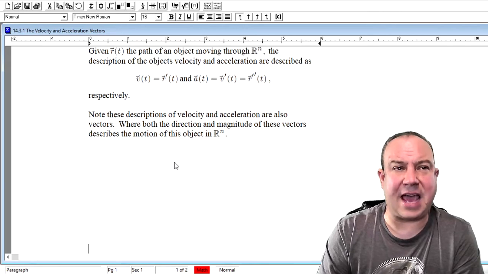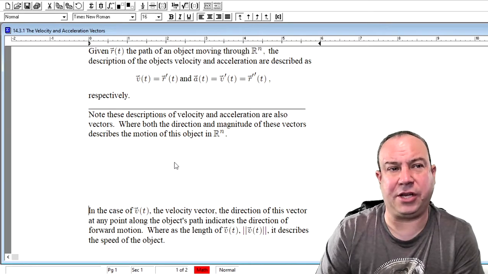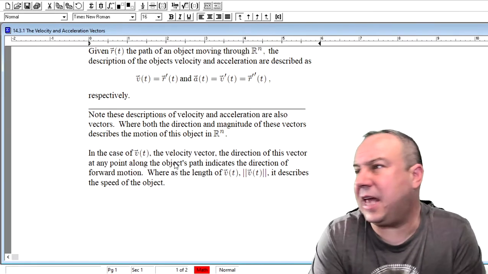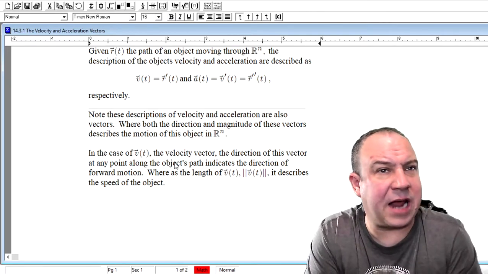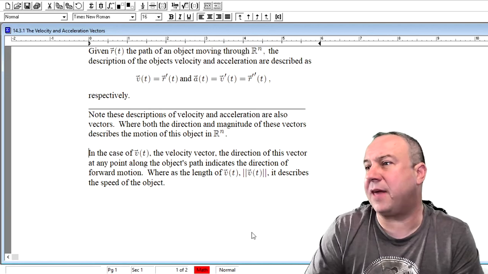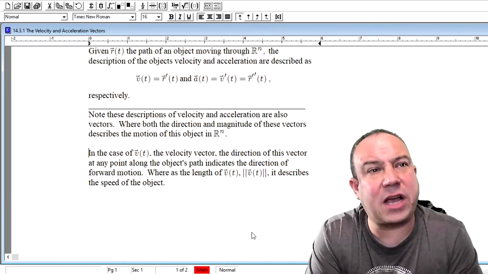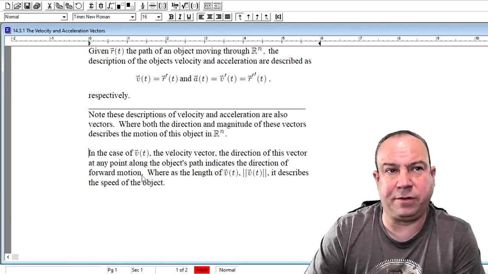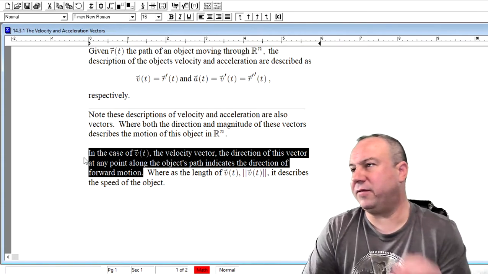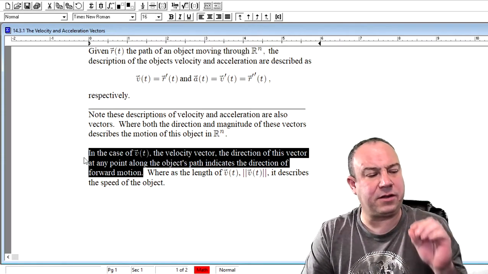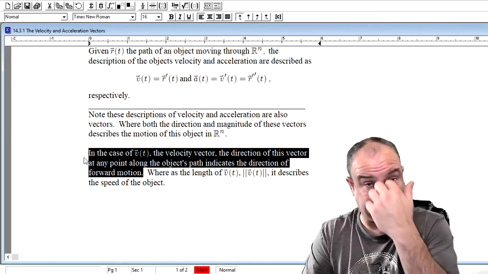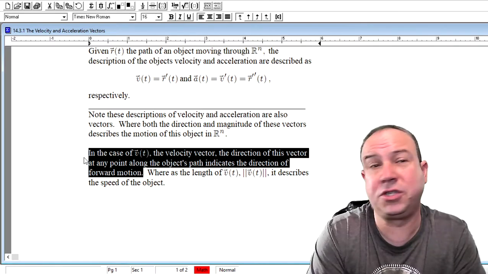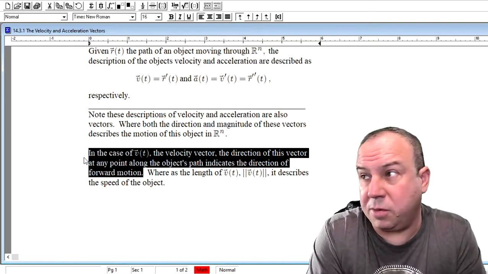If we get into that interpretation, in the case of the velocity vector, the direction of this vector at any point along the object's path indicates the direction of forward motion, folks. If we were to look at the velocity vector at any point in time t along the path of the object's motion, there's going to be a vector there.